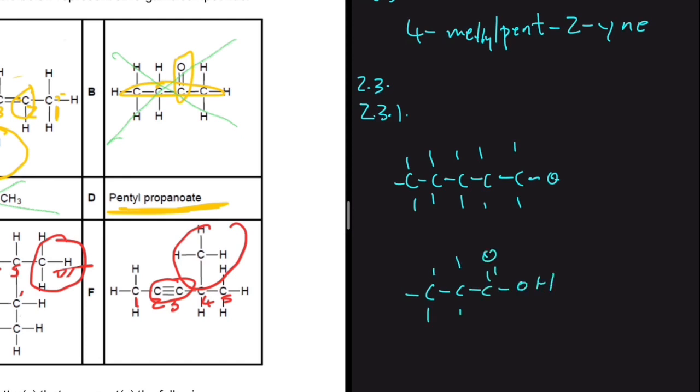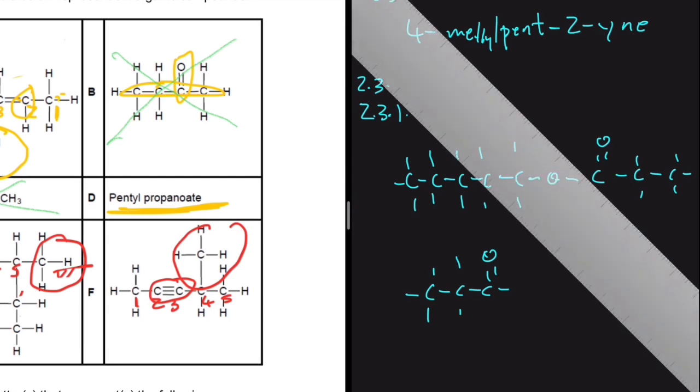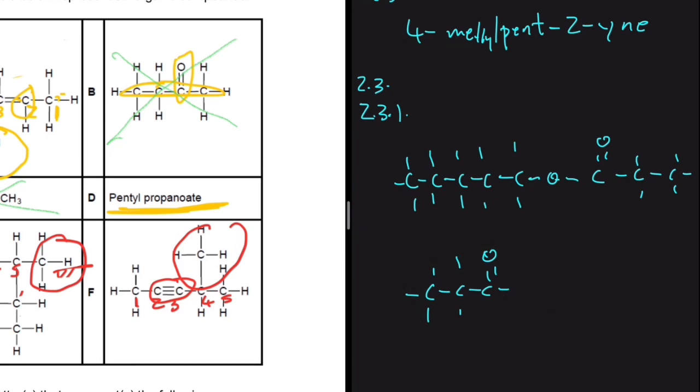But what happens is that when it forms an ester, it loses this OH here, right? The alcohol loses an H, and then the acid loses an OH, and then the byproduct is H2O, right? So let's put it in our structural formula. So here we're going to have a dash, a carbon, an oxygen, a carbon, and then there we go. So like I said, everywhere there's a dash, we just put hydrogens, for the sake of time.